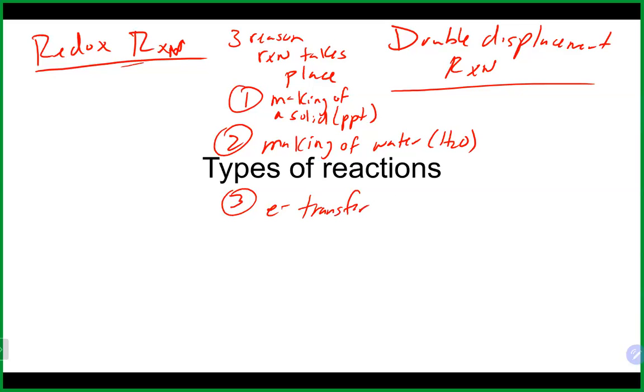So these big classifications of reactions, you can think of them as the big umbrella under which more specific classifications can happen. As we will see, there are ways that you can classify the same reaction in several different ways, depending on what you're looking at.